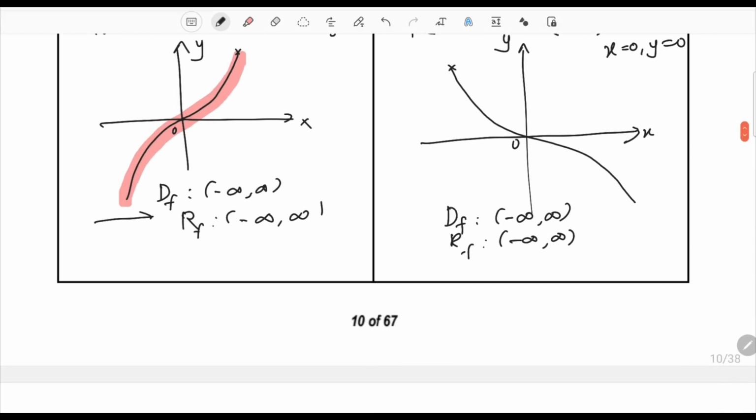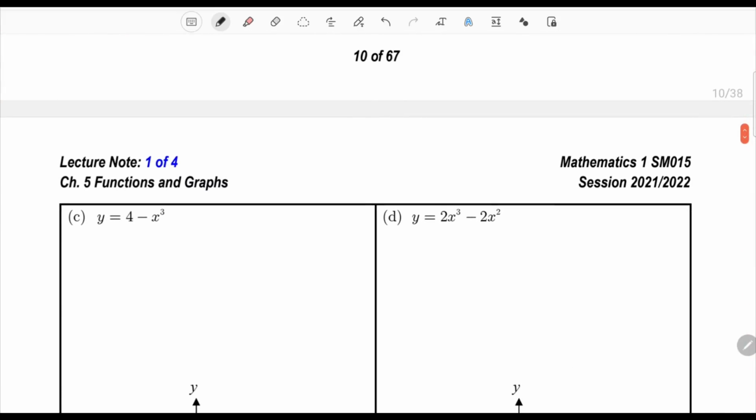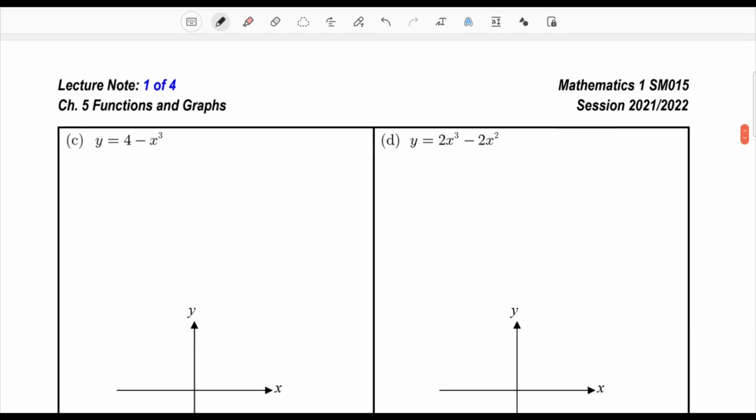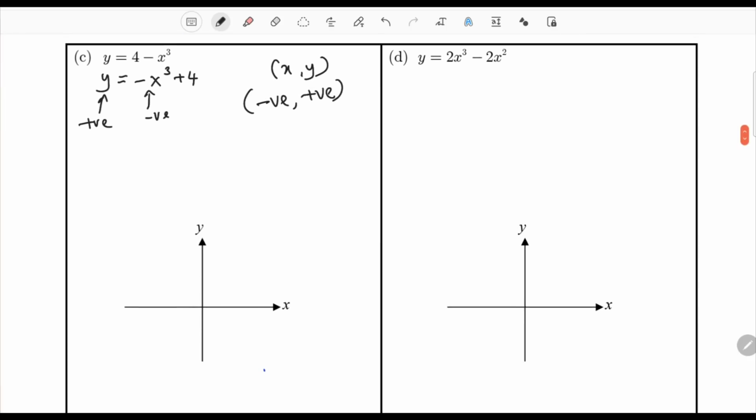Right, look at C. Okay, next page, page 11. Okay, y equals 4 minus x cubed. So this is negative x cubed plus 4. So again, your x is negative, your y is positive. So meaning negative, positive. So this is for x and for y. So we have the axis ready here. So plus 4.